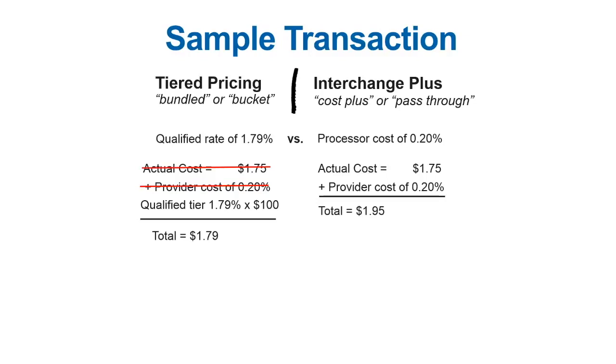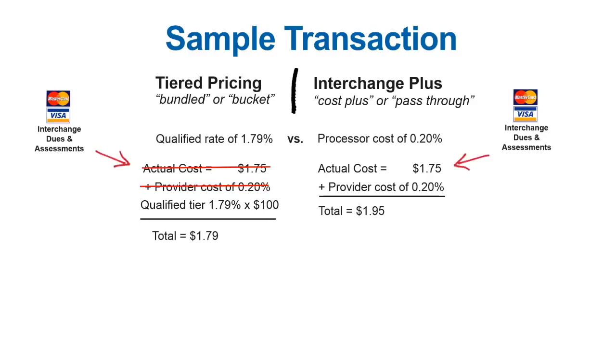As you can see, interchange cost is at the core of each of these pricing models, and with any pricing model for that matter, and is paid one way or another. So in this example, with the Interchange Plus pricing model, your total cost is $1.95 compared to $1.79 with the tier-based model.